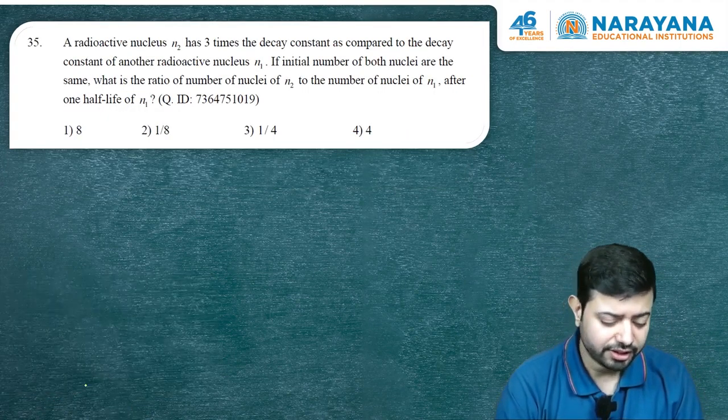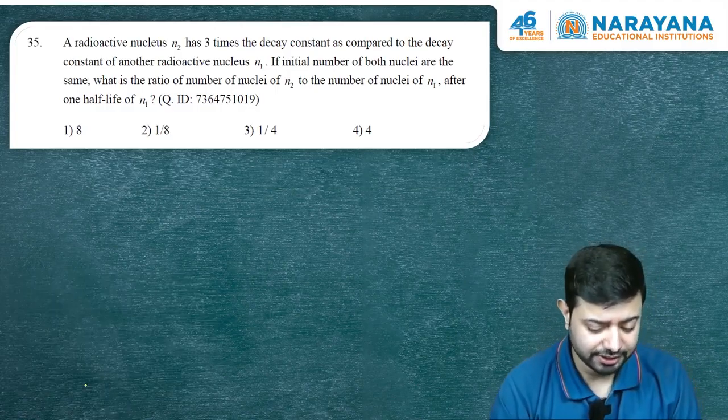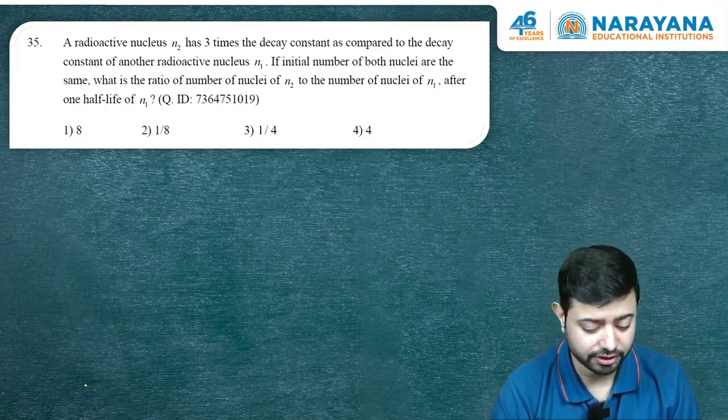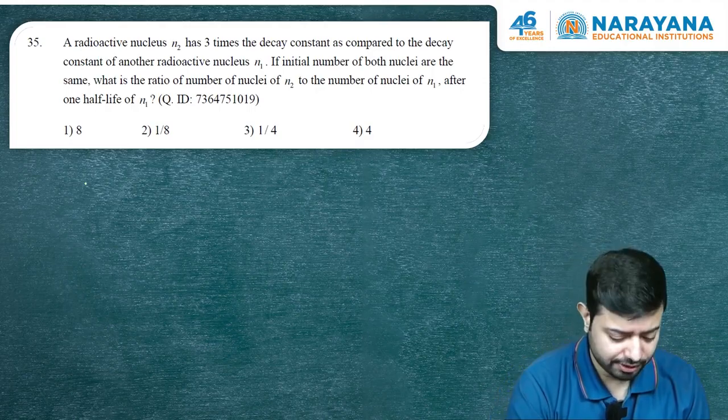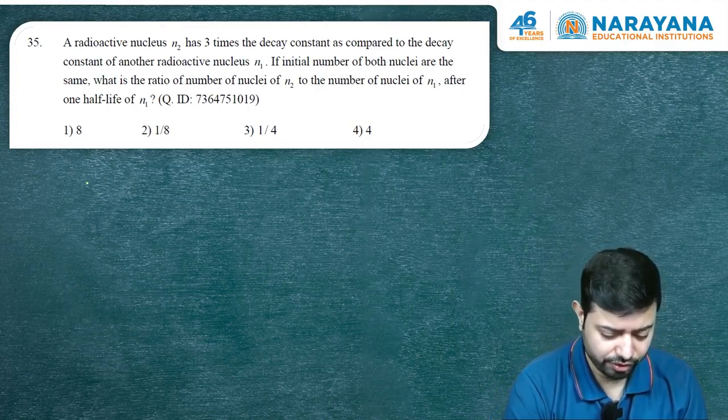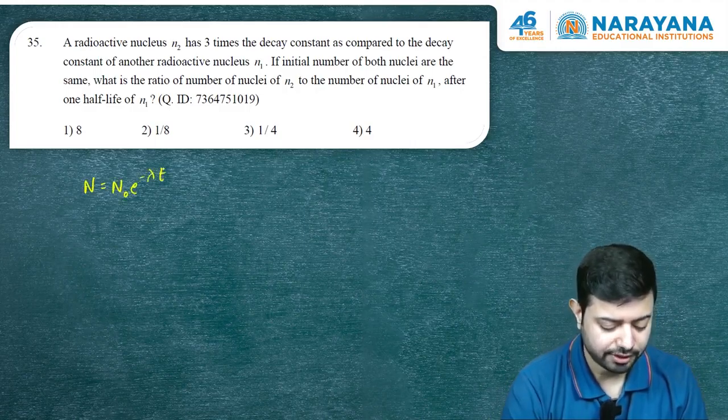Alright, here radioactive nucleus N2 has 3 times the decay constant as compared to the decay constant of another radioactive nucleus N1. What is decay constant? It is that lambda, remember. The basic formula is N equals N naught e to the power minus lambda t.